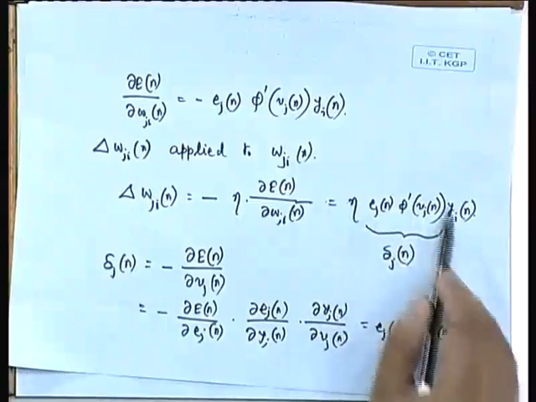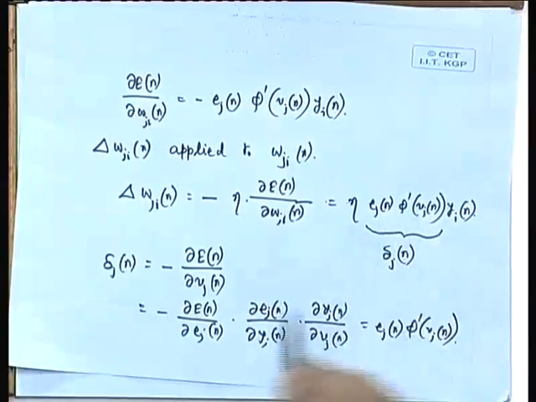Now, the most important thing is how to compute this local gradient. Now, local gradient computation is very easy as long as we have the neuron j as the output neuron. Actually, our analysis began with that. We began with the neuron j to be the output neuron, and given that neuron j is the output neuron, this is what we get as the delta j, that is error times derivative of the activation function, which we know. Okay.